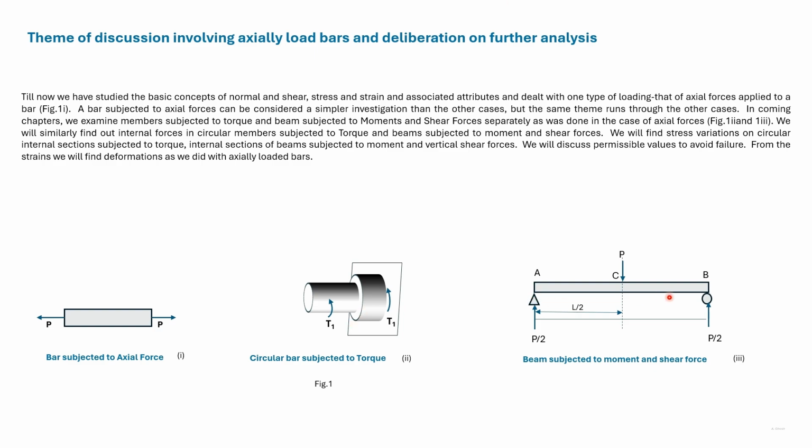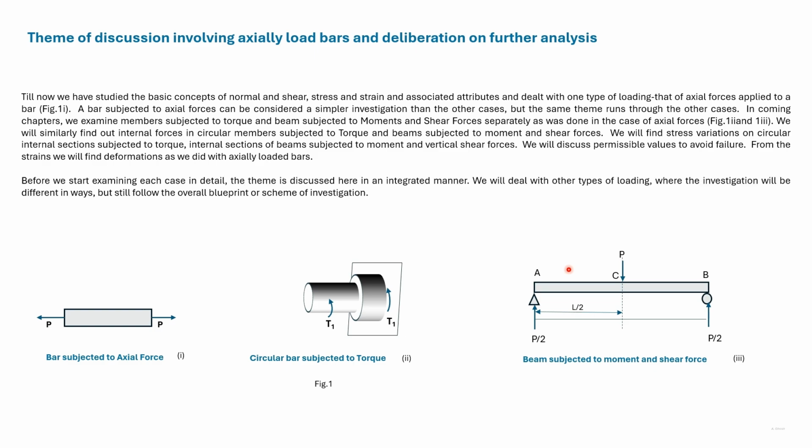This is a beam subjected to both moment and shear. So if we take a perpendicular section here, then that section will be subjected to moment and shear. Load here is considered to act on the axis of symmetry of the beam. We'll mainly discuss the investigation involving bending moment in a beam.